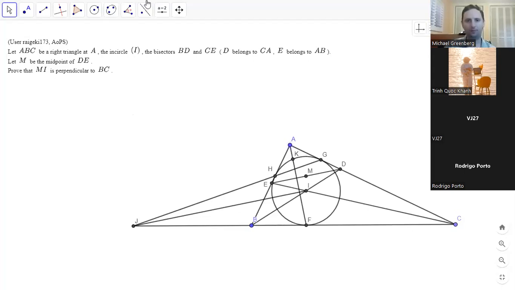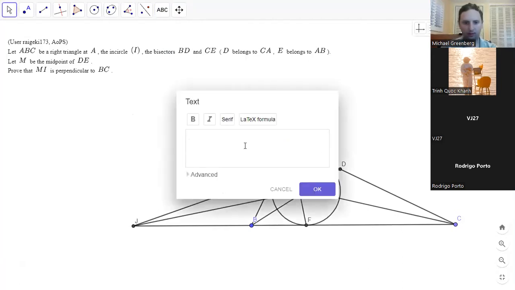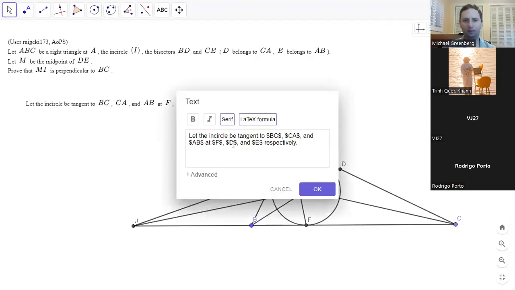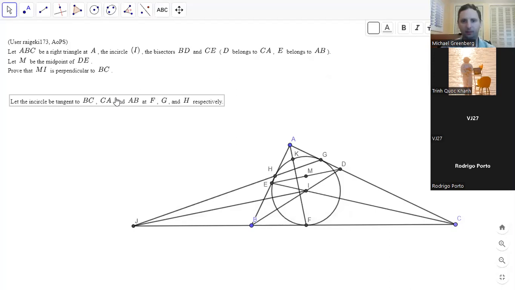Okay, so let the incircle be tangent to BC, CA, and AB at F, G, and H, respectively. And then let GH intersect BC at J.